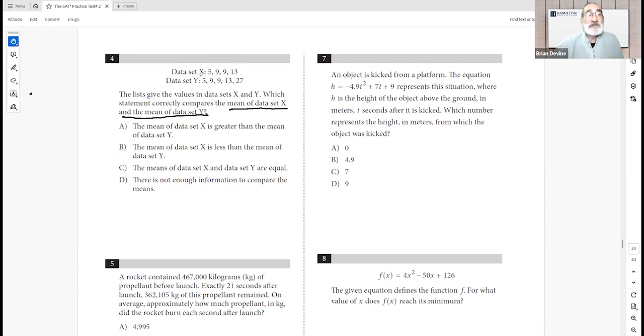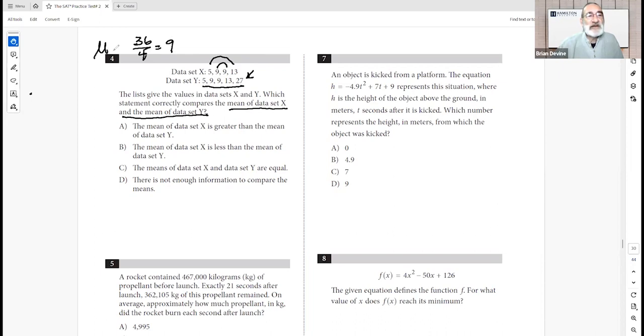Well, note that X, 5, 9, 9, 13, and Y, 5, 9, 9, 13, and 27, are the same except for that 27 added to the end of Y. And we can calculate this. I mean, if I add together here and here, I'm going to get 18 plus 18 is 36, and I divide that by 4, and I get 9.